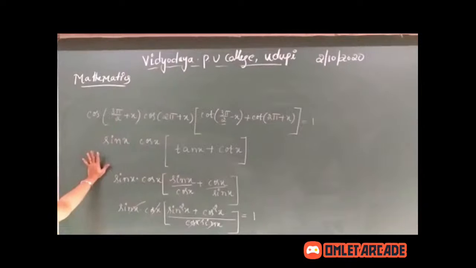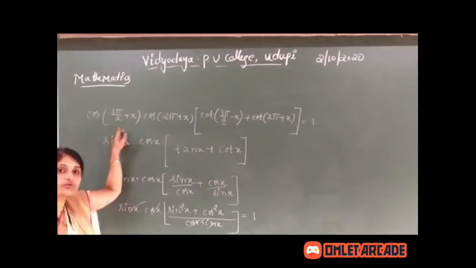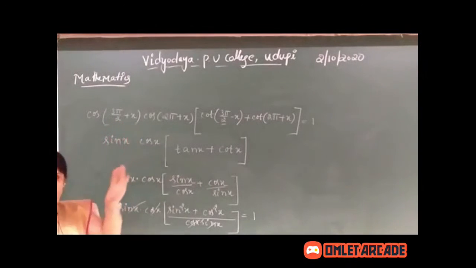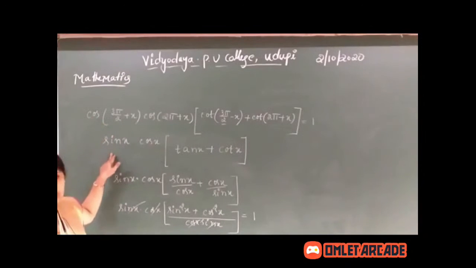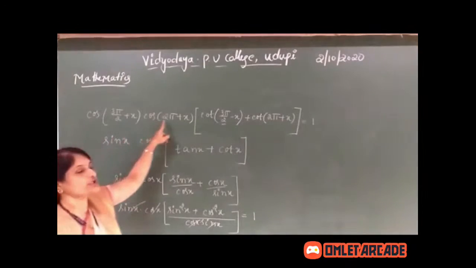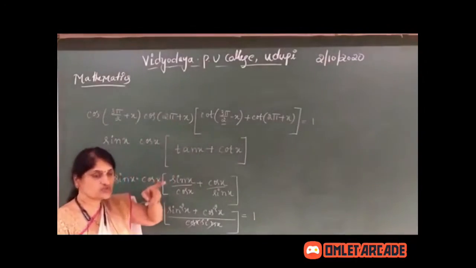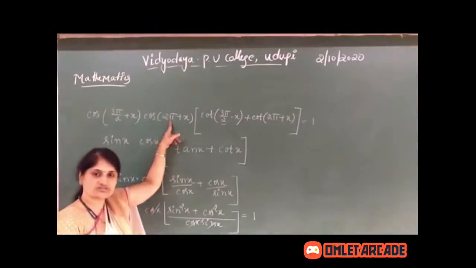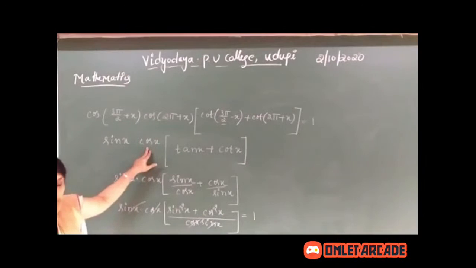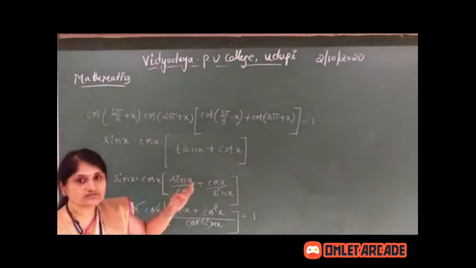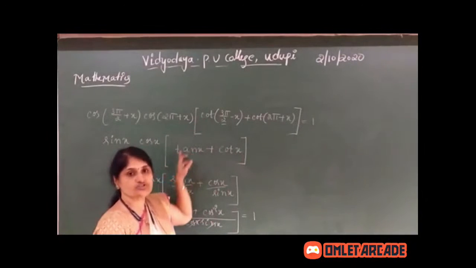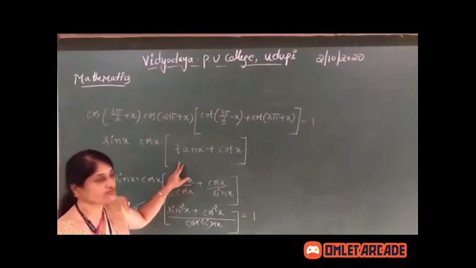3 pi by 2 plus x. So you have to think it is odd multiple. 3 pi by 2 plus x means in the fourth quadrant, and then cos is positive. So directly we get it as sin x. Similarly, 2 pi plus x, it is first quadrant and ratio doesn't change. It will remain as cos x. In this case, 3 pi by 2 minus x, in the third quadrant, cot changes to tan and it is positive.